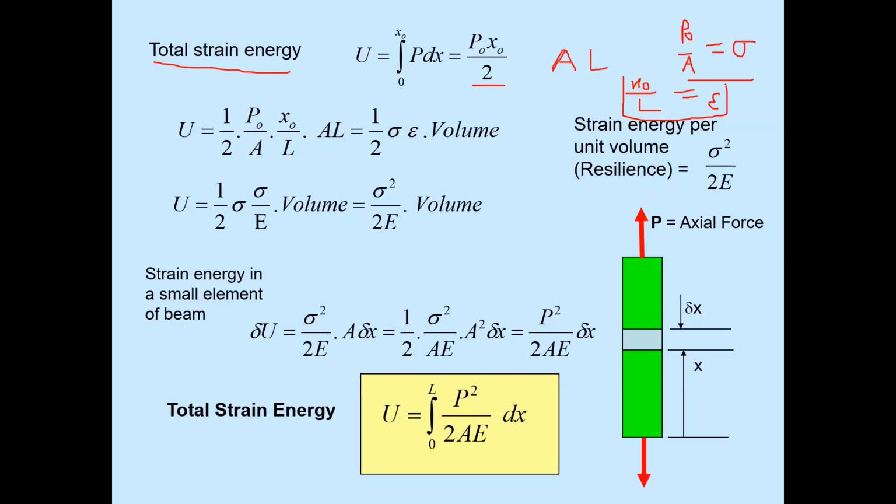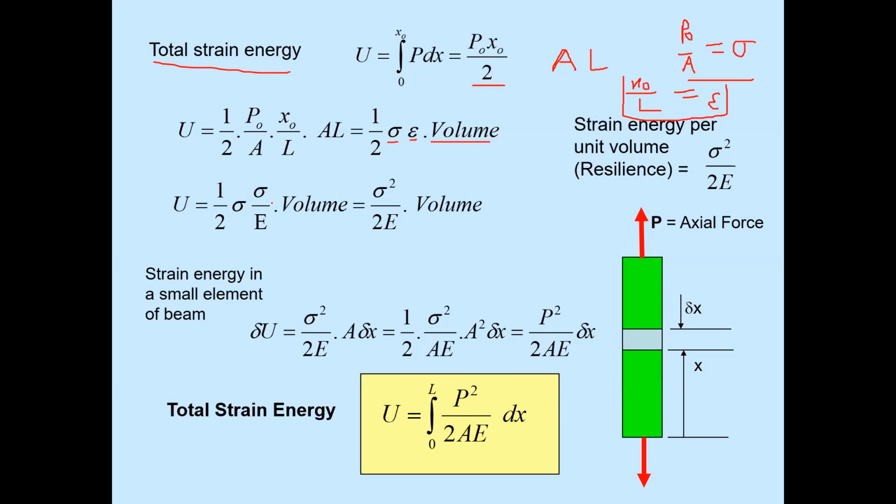If you have doubts, I will explain these concepts further, but these are the basic terminologies you have already read. So this term becomes sigma, this term becomes epsilon, and area into length is equal to volume. So what is our equation? Half sigma into epsilon into volume.